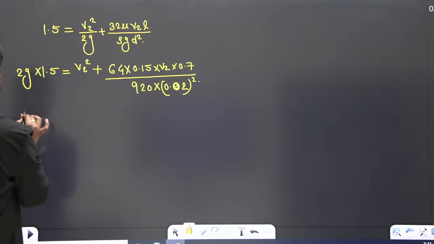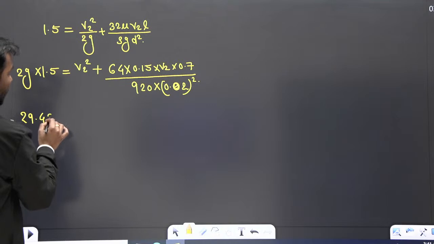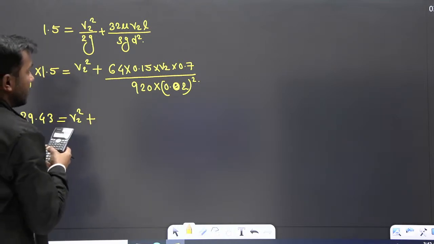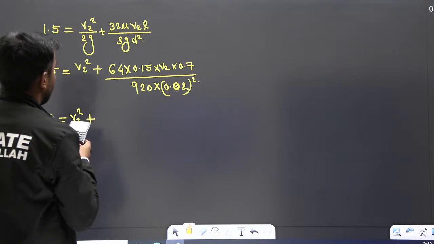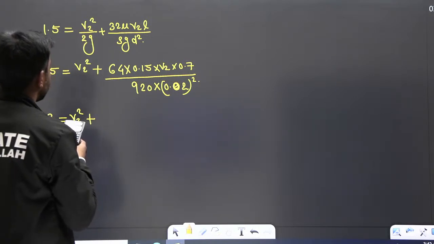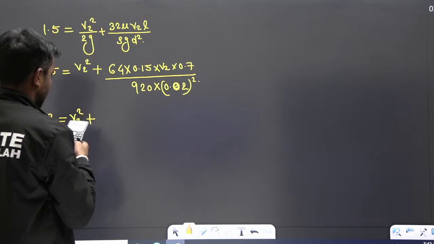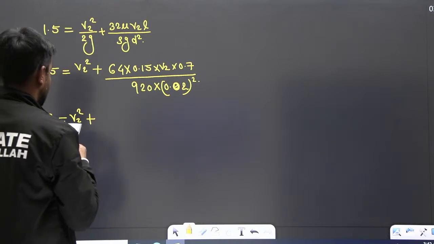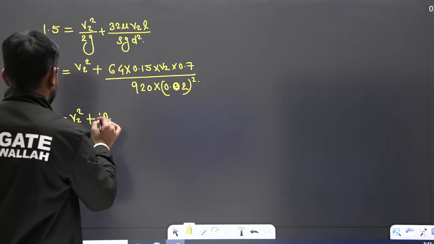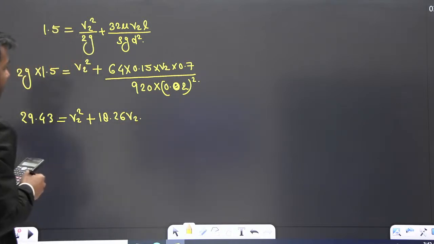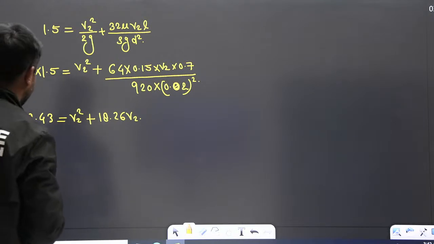So that will come out to be 29.43 equal to V2 square plus 64 multiplied by 0.15 into 0.7 divided by 920 divided by 0.02 squared. So this will come out to 18.26 V2.